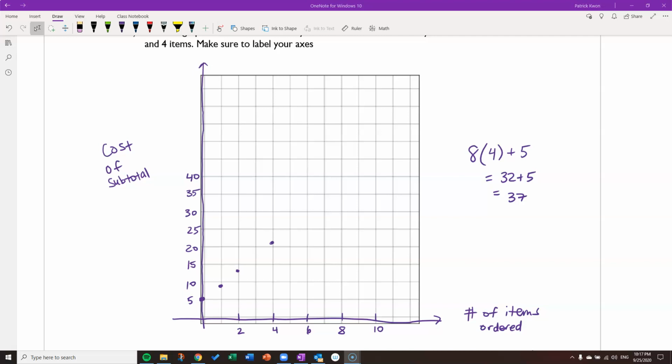And so I'm going to go ahead and just leave it like that with these ordered pairs. And I'll go ahead and for 3, put that one there because 3 times 4 is 12, plus 5 is 17. And so in a lot of other problems, we'd connect that line, but here I'm just going to leave it not connected like that.